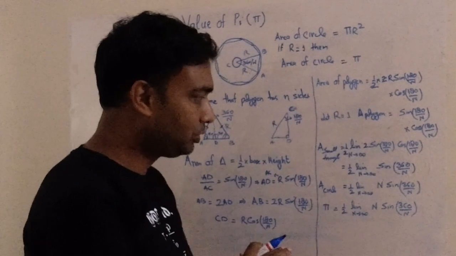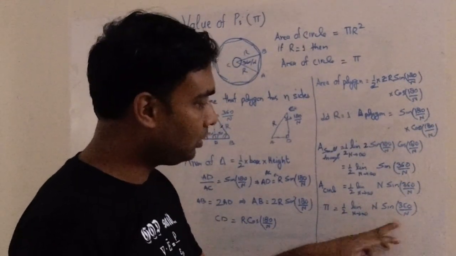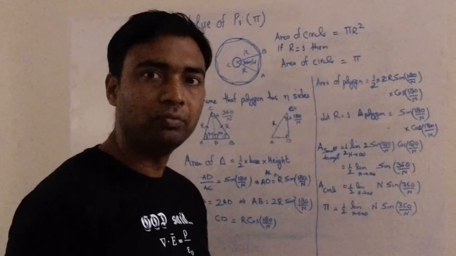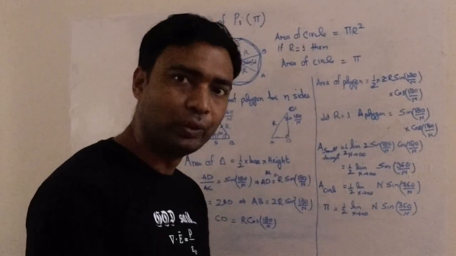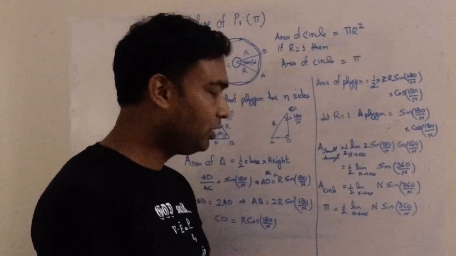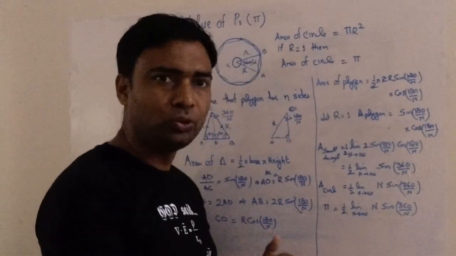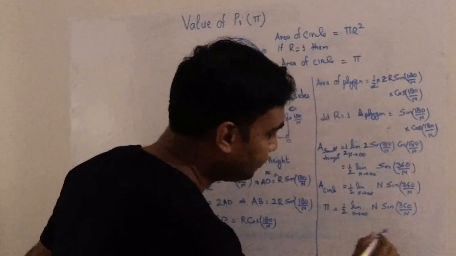Now let us verify it. Here n tends to infinity means n will have a very large value. So I'm going to put the value of n as 10,000 and see whether it gives the value or not.